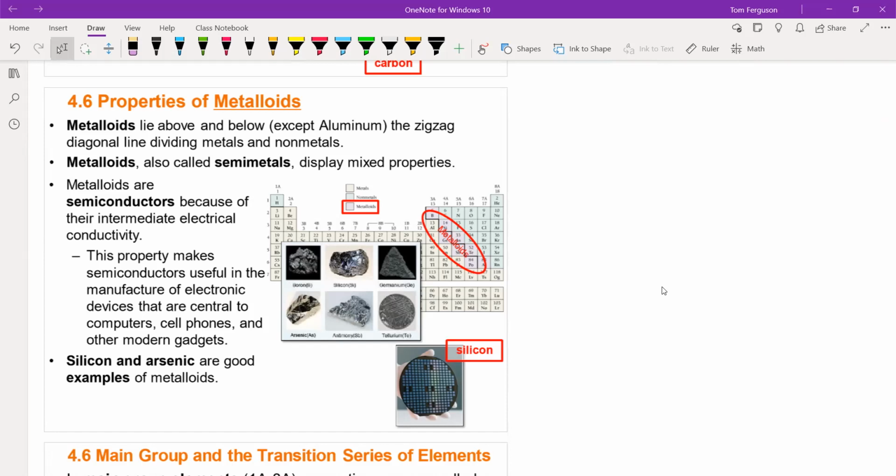Does anyone know where the metalloids are used extensively? Say again? Cell phone. And how would you generalize that? You're absolutely right.